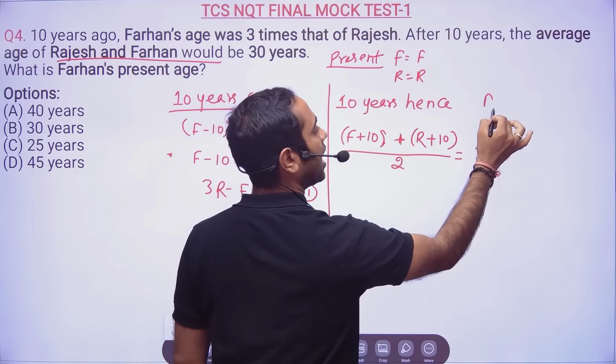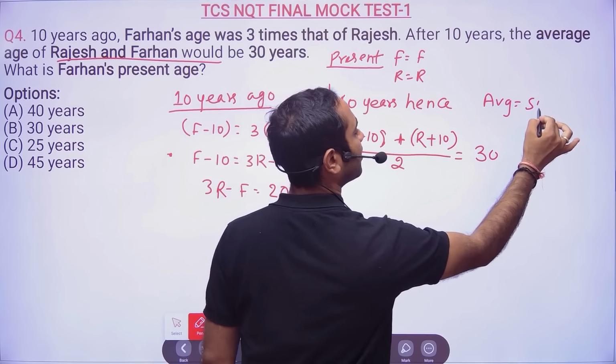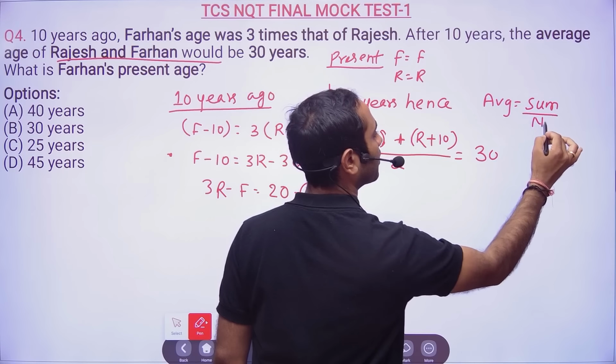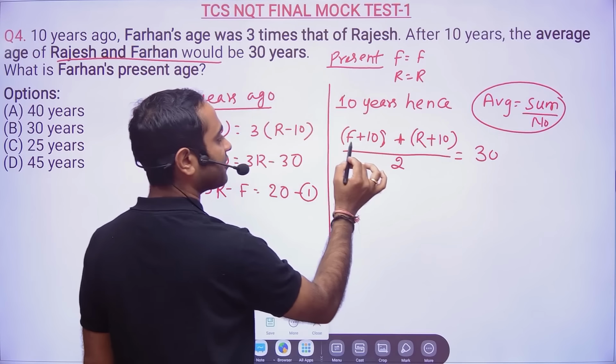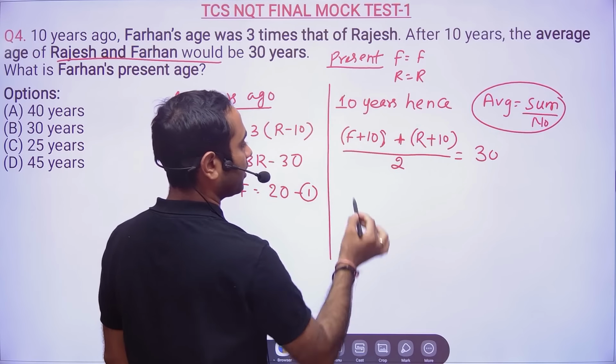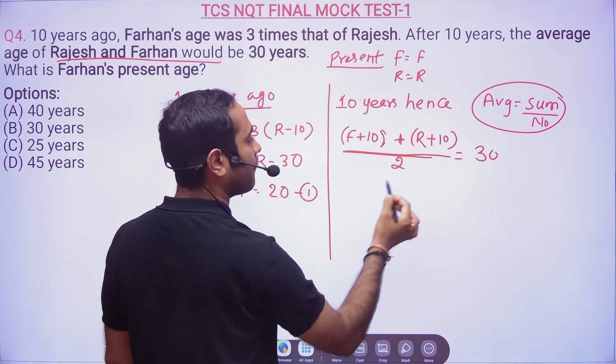So their sum will be F plus 10, R plus 10, there are 2 of them, divided by 2, the average is 30.